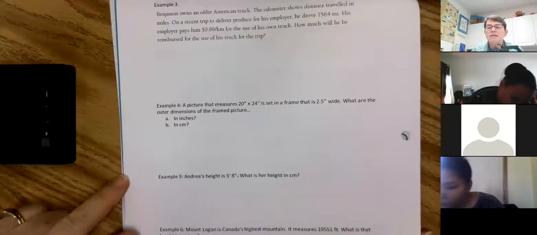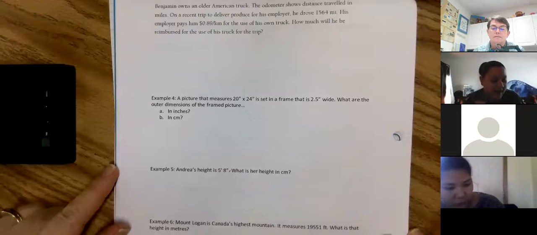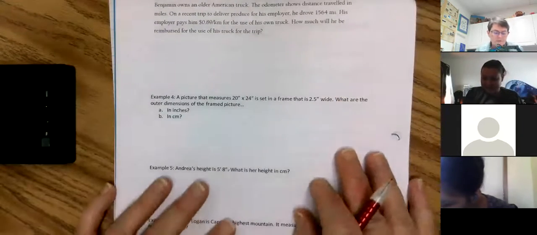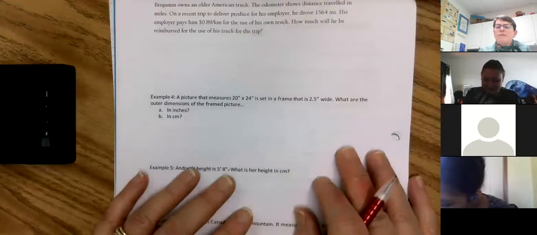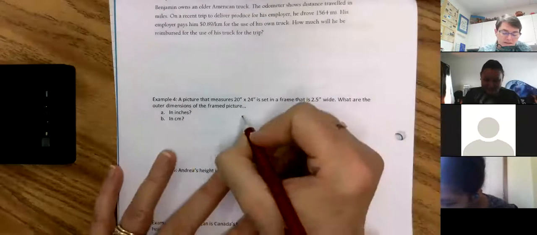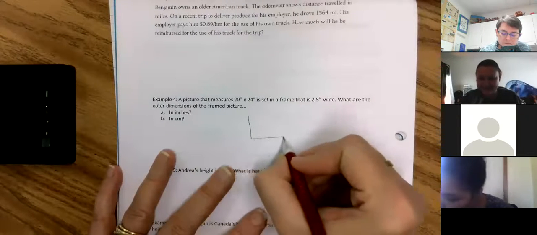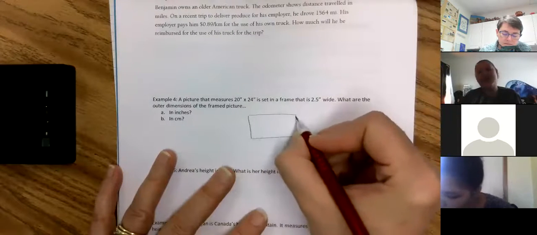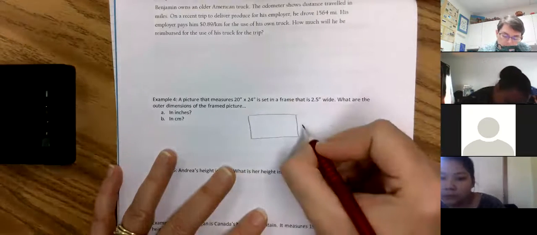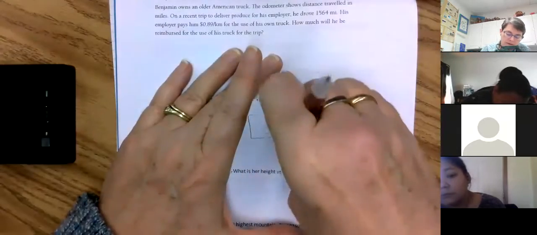Any ideas where to start? Add up all the inches. Maybe, but I'm a real visual learner and I'm going to lie and say I don't understand what's asking. So I'm going to start by drawing my picture. And this is supposed to be 20 inches. I'm going to put that on the inside so it'll work better.